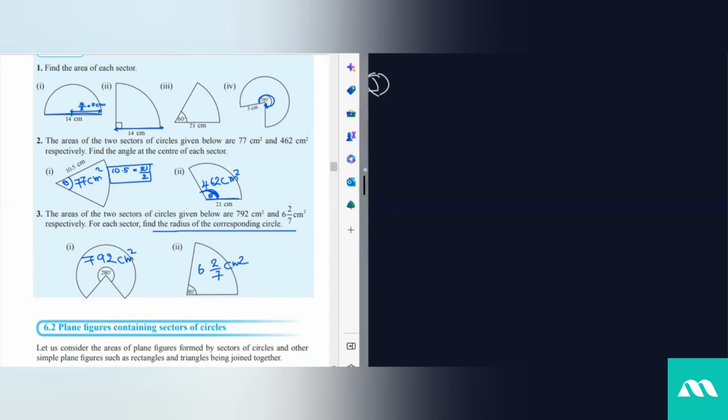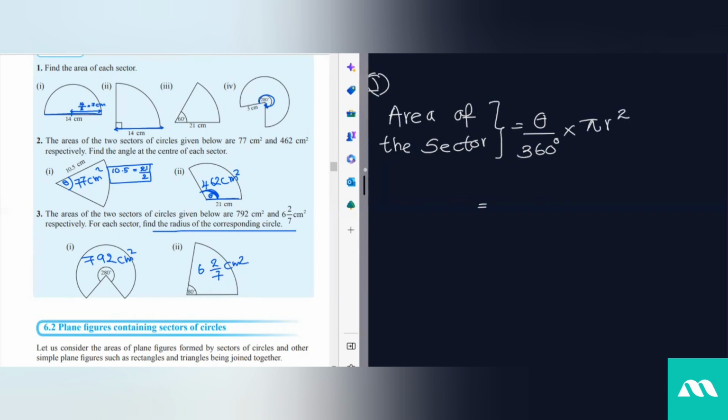Let's see. Area of a sector is equal to theta upon 360 times pi r square. Area is given as 792. Theta is 280, so 280 upon 360 times 22 upon 7 times r square.